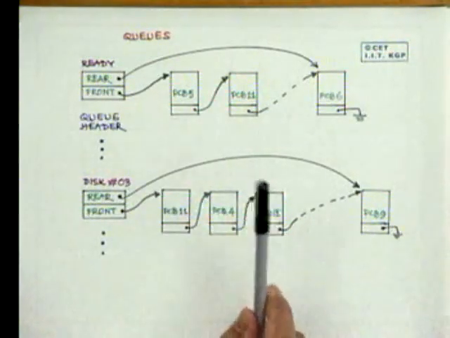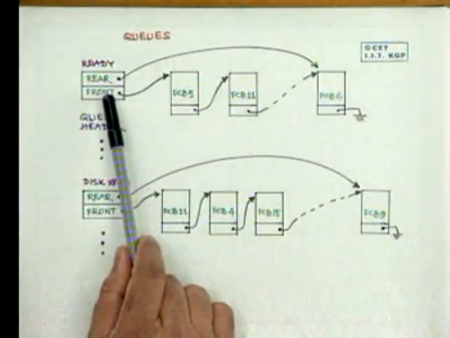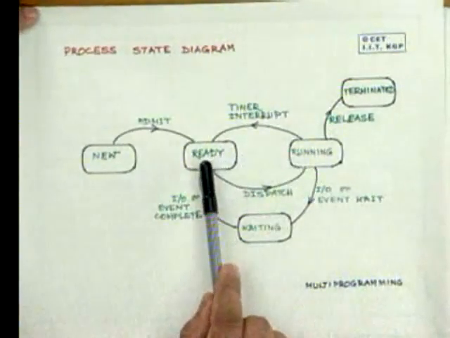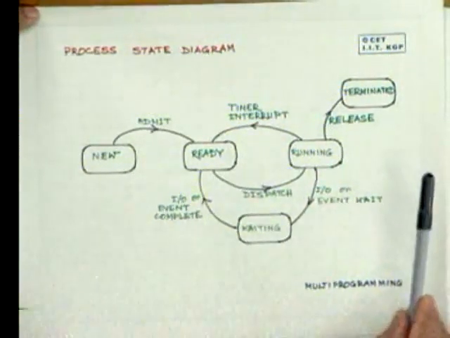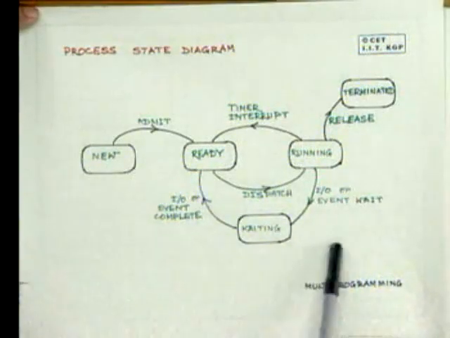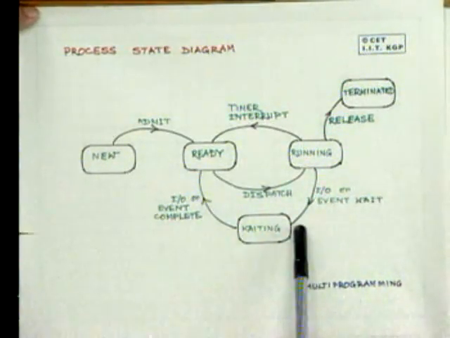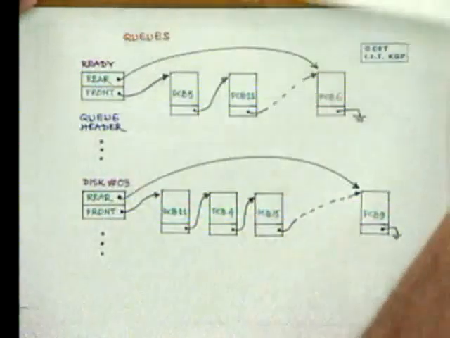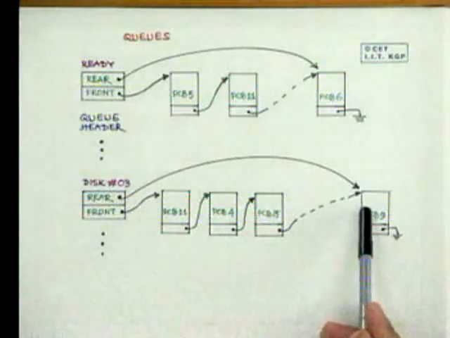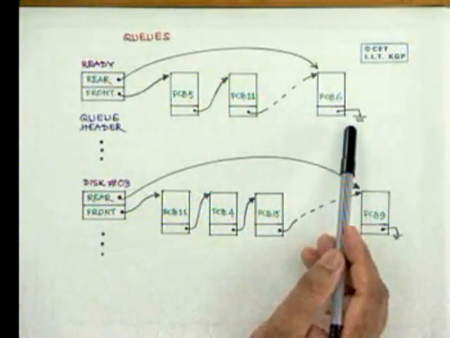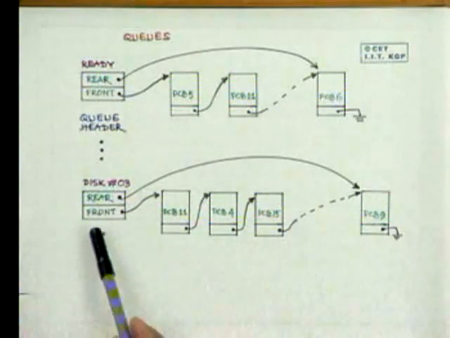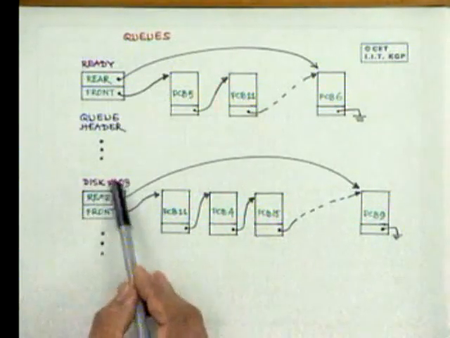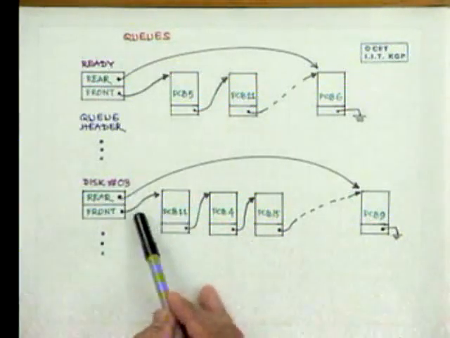Therefore, corresponding to all the states, ready, waiting, new, and so on, we have queues, and these queues can be kept as linked lists and easily maintained. Whenever the operating system wants to check, it can start with the queue header and check the processes.